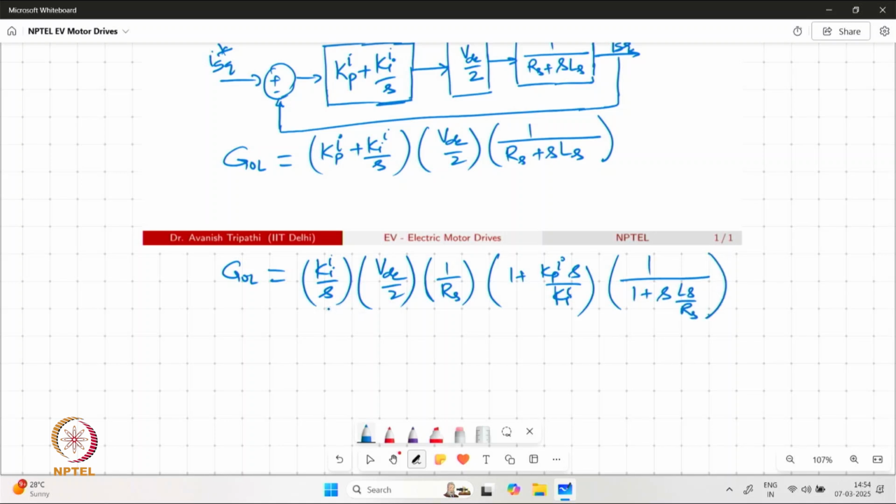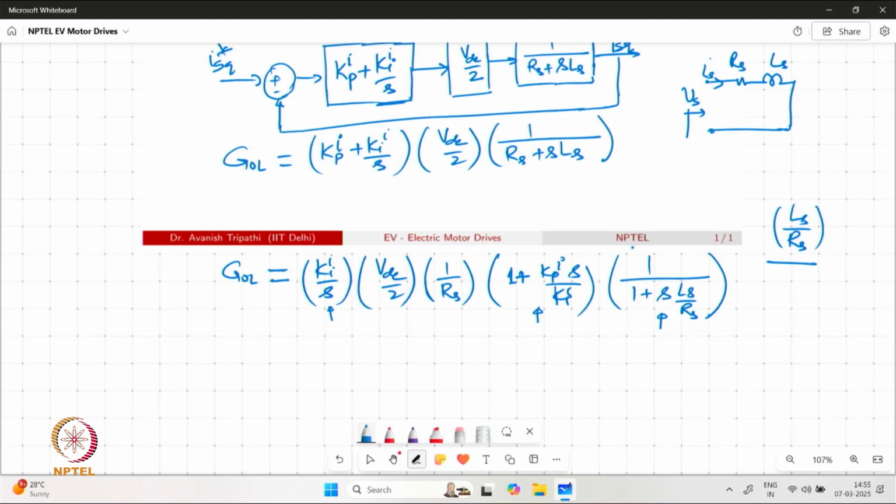So what we find is that we have a structure where there is a pole at origin, a zero at the location as per the design of the controller, and another pole coming with a time constant of Ls by Rs. Now, if we think of the circuit, apart from the nonlinear components, we have an RL circuit and we are feeding some voltage to it.